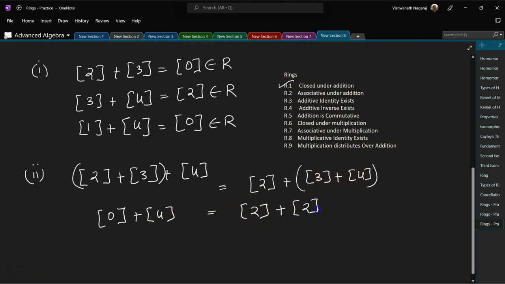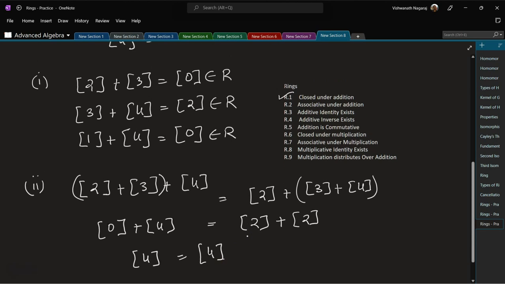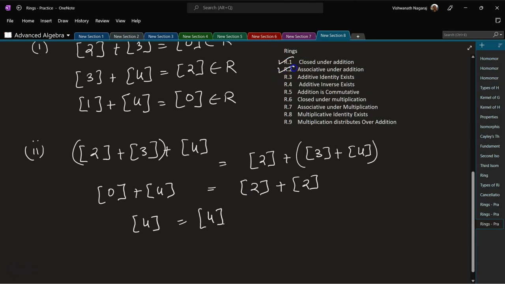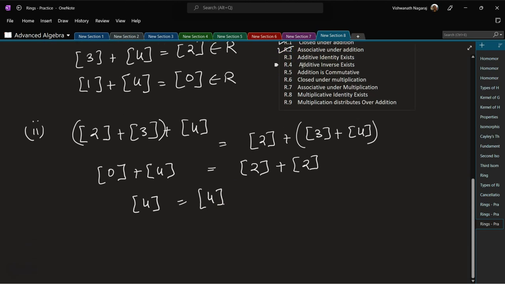So this will be 2. 0 plus 4 is 4. 4 divided by 5, remainder is 4. Here 2 plus 2 is 4, so divided by 5, remainder is 4. So they are the same. So it is associative under addition.